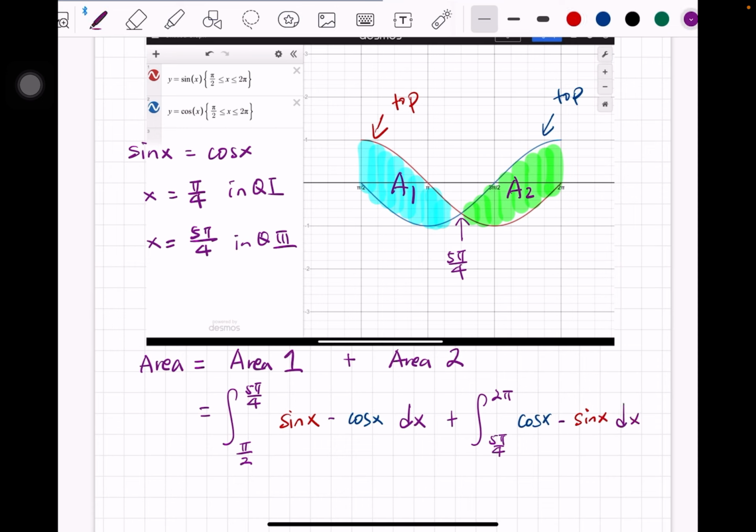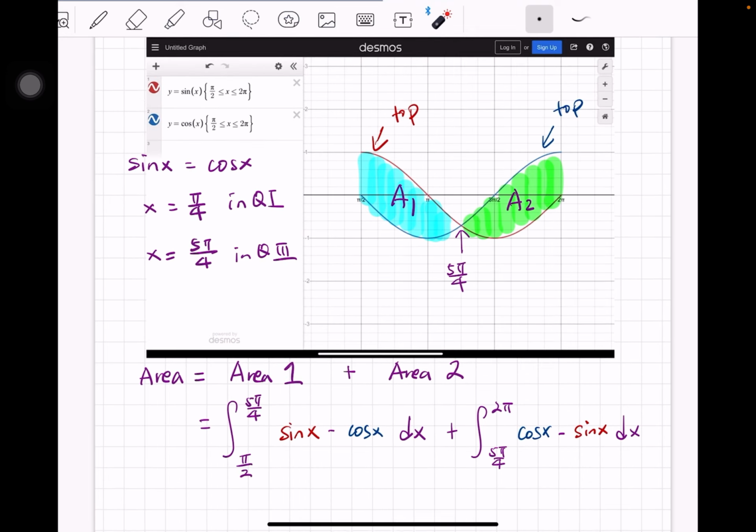Okay, so this is normally how you're supposed to do this type of problem. You're going to calculate the two different areas, or even three different areas, by themselves and then add them together. However, this is a special problem. Number one, we have trig functions, and trig functions are periodic. Number two, by looking at the graph, we know area 1 and area 2, those two shapes, are symmetric. And because they are symmetric, they will have the same area.